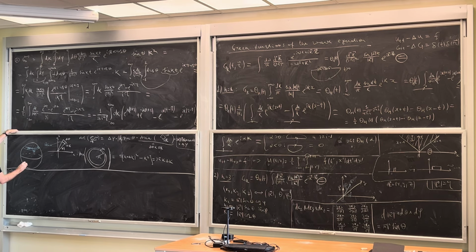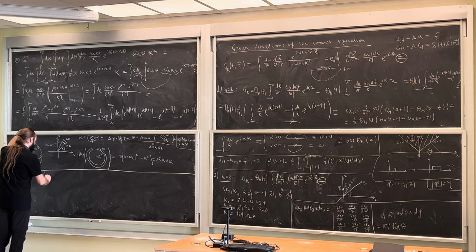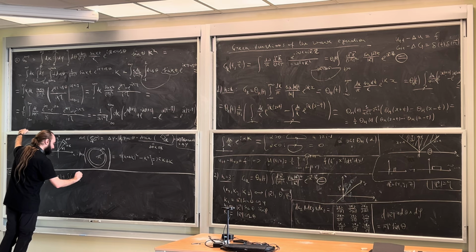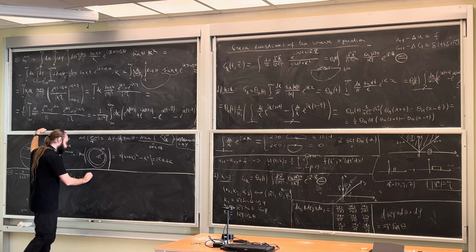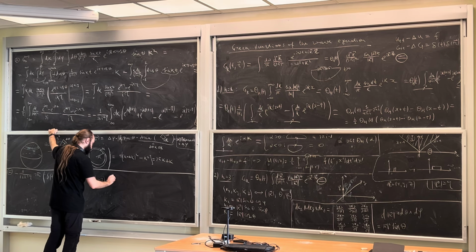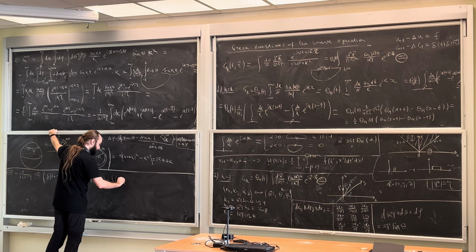So let us write this. We have minus 1 over 16 pi squared r. We have an overall factor 2 pi for all these delta functions. And let's write all of them. We have delta of t plus r, delta of minus t minus r, delta of t minus r, and delta of r minus t.